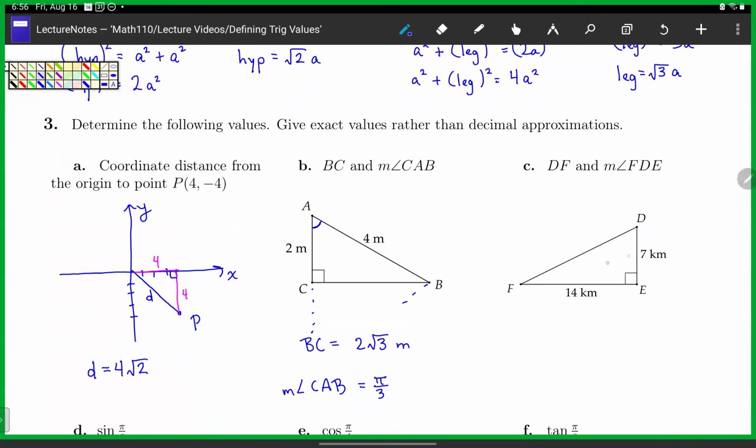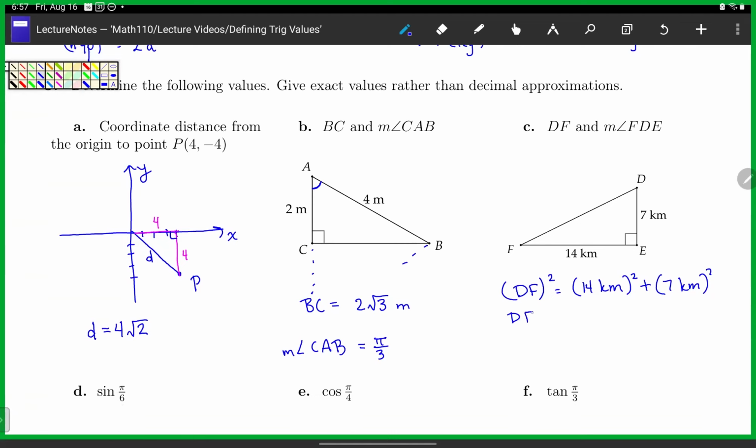So for example, to find FD or DF, we need to actually use the Pythagorean theorem. So DF squared is 14 kilometers squared plus 7 kilometers squared. So DF is going to be the square root of 245 square kilometers.